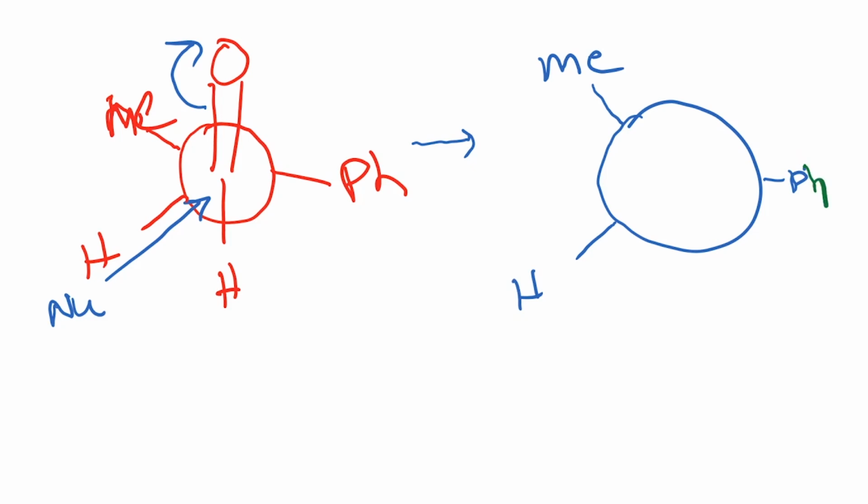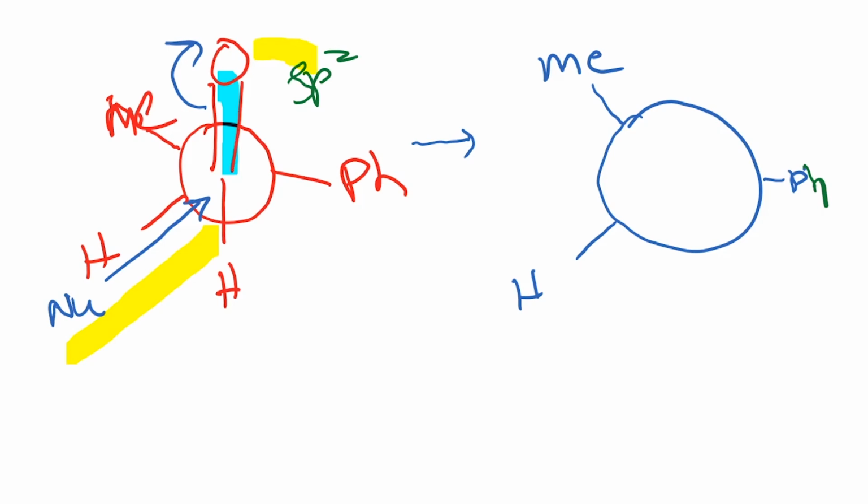So what happens in this process is that this carbonyl bond is going to break, and this carbonyl bond was sp2 hybrid, and now it's going to become sp3. And so since the nucleophile is attacking from this direction, the C double bond is going to move here.